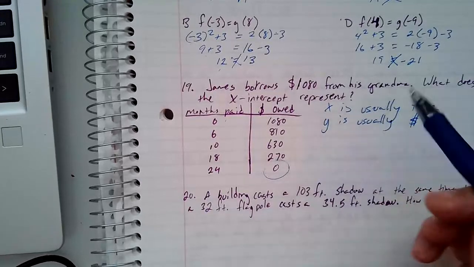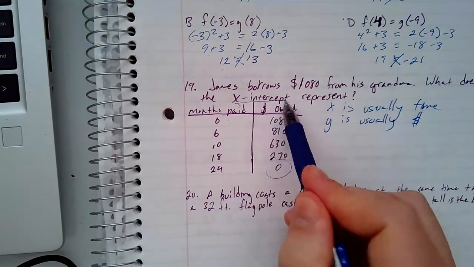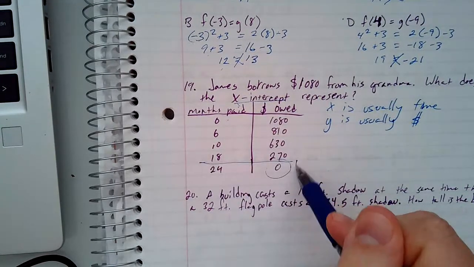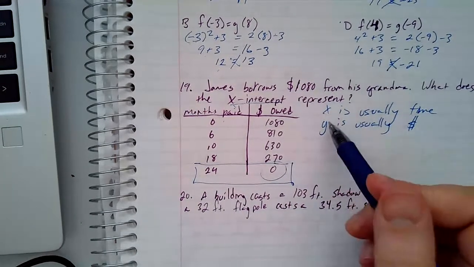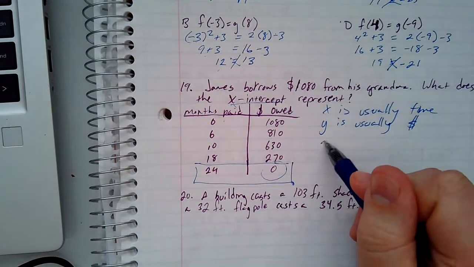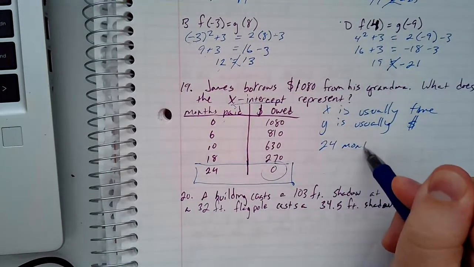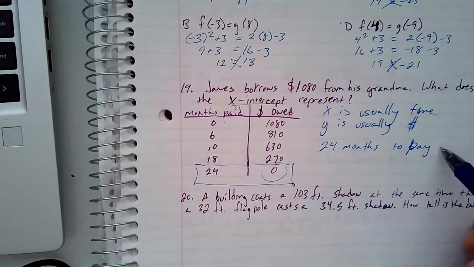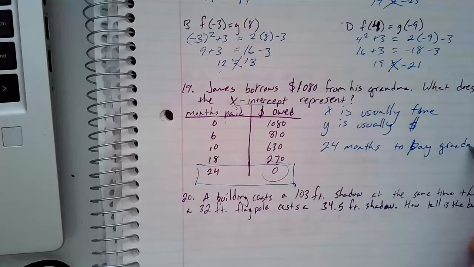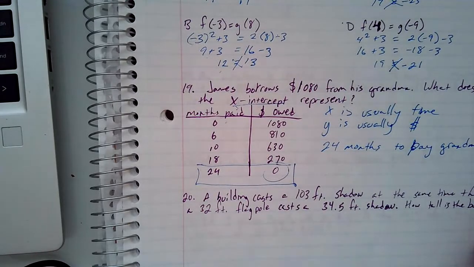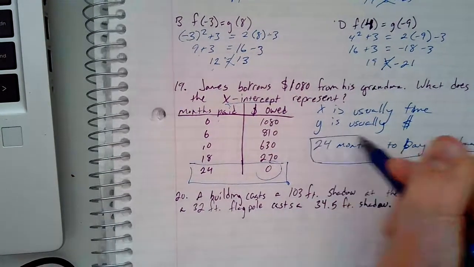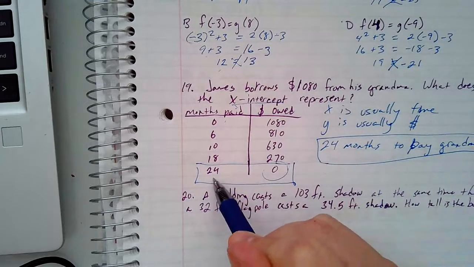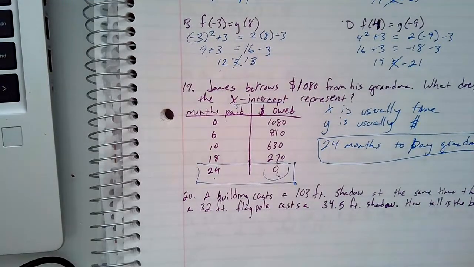So at the x-intercept, that must be when y is paid off. So we would say that it took him 24 months to pay grandma back. Okay, it took him 24 months to make that value equal to 0.